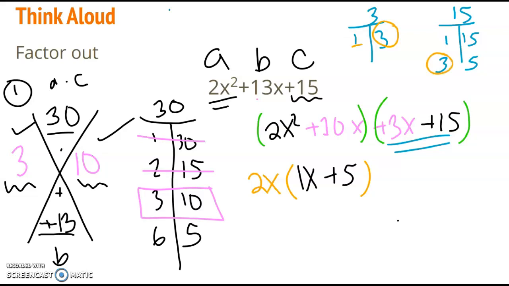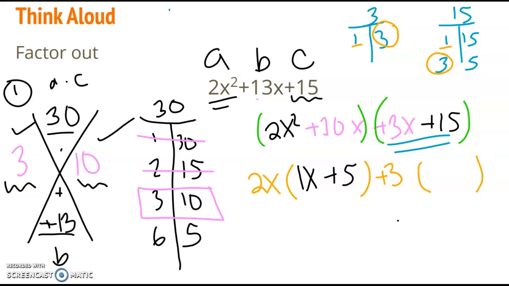Although they do have 1 in common, the number 3 is greater. So I know I'm going to be factoring out just 3. I notice that my 3 also has an x next to it, and this 15 does not. That means I cannot factor out an x. So I'm going to leave it as a positive 3 that I'm factoring out.